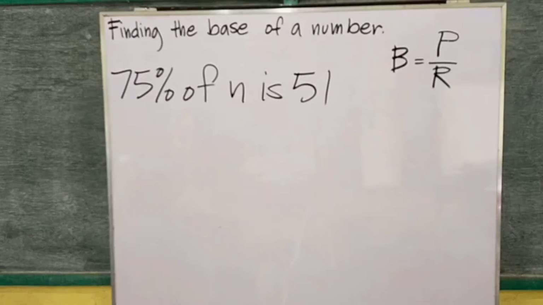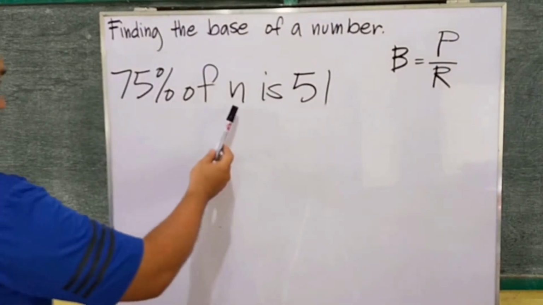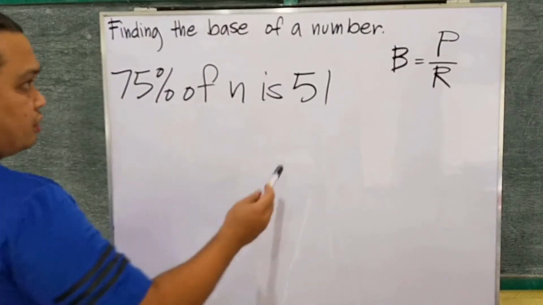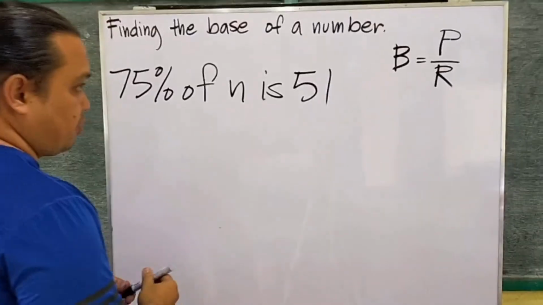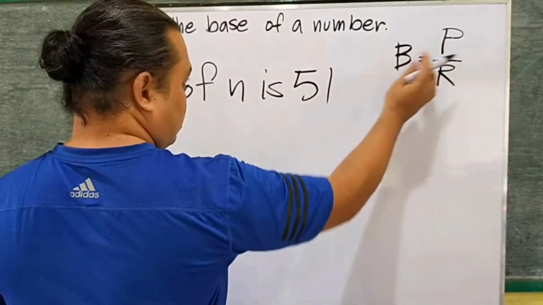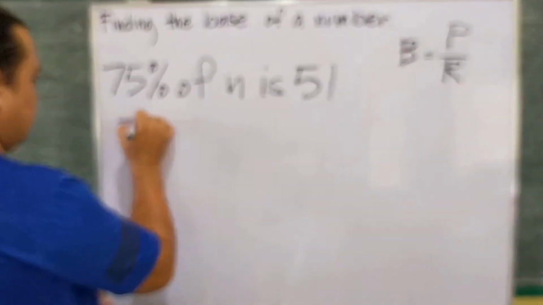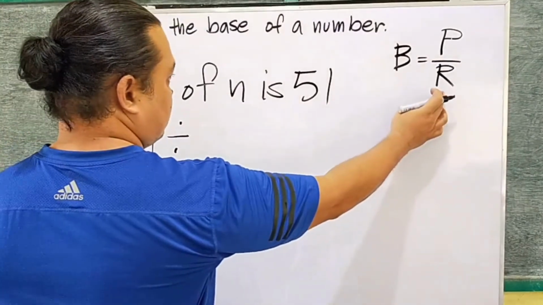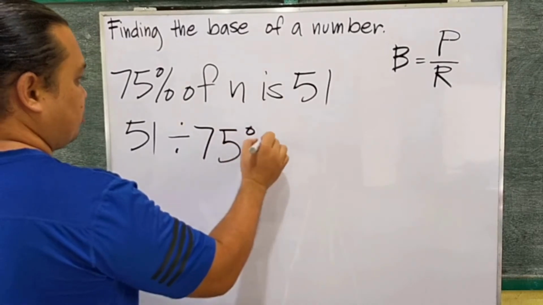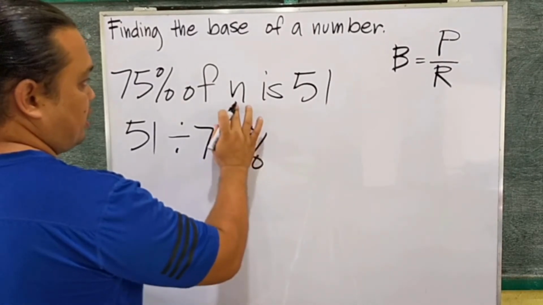Now for our last example here, we are looking for the base. So for our formula, that is percentage over rate. So percentage here is 51, divided by rate here, which is 75%, and the answer will be our base.